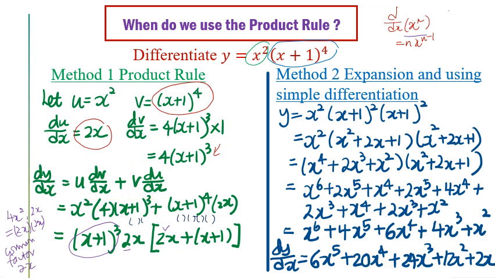Then for the second term, there are 4 of them, right? If I take out 3 of them, I'm still left with 1. And the 2x comes out here already. So this is how you take out common factors. Right, and I need to simplify the one inside this bracket here.